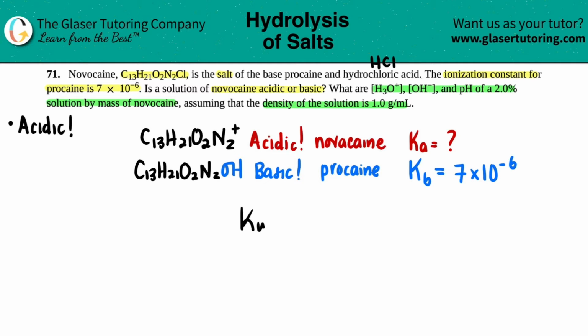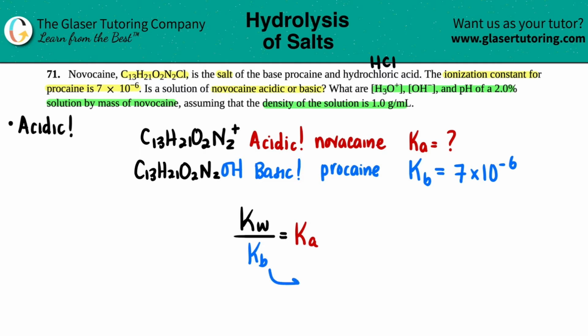We've seen this before. Kw equals Kb times Ka. If we want to solve for Ka, we could just divide by Kb on both sides, right? So I'm just going to do that right now, just to make it easier on myself. So we'll take Kw and divide it by Kb, and this will equal the Ka value.